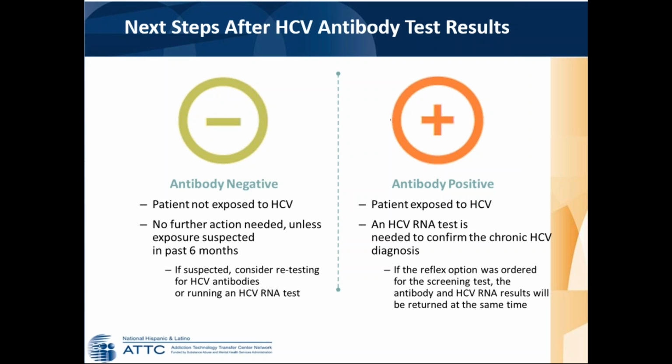I have to do a hepatitis C RNA PCR test, which would tell me how much virus the person has in their bloodstream. If there is virus detected, then I know that that person has active chronic hepatitis C. And if that is the case, that person should be treated regardless of liver enzymes.